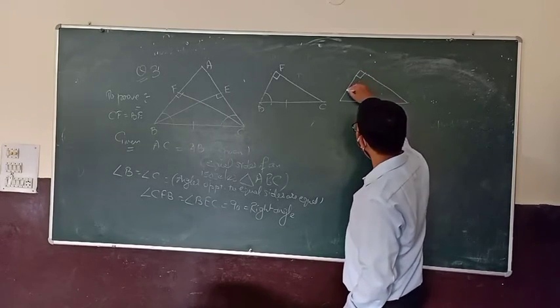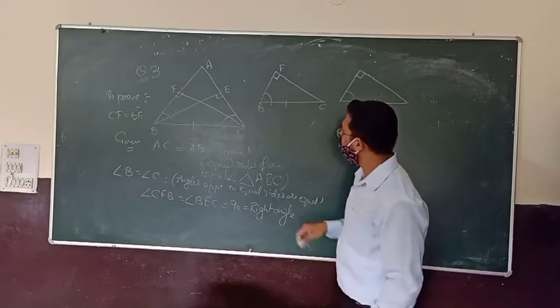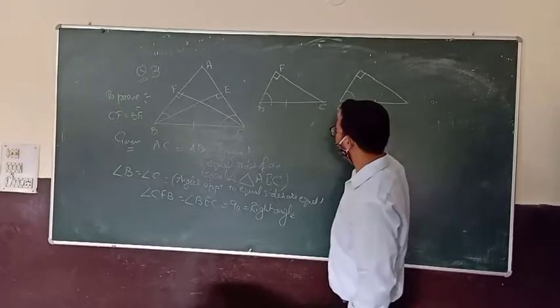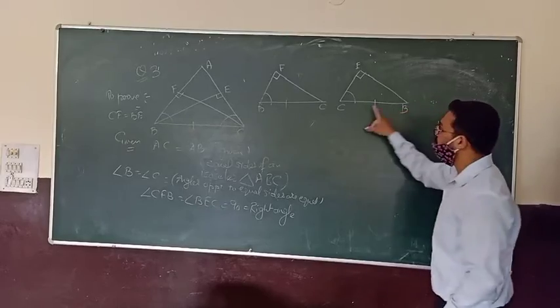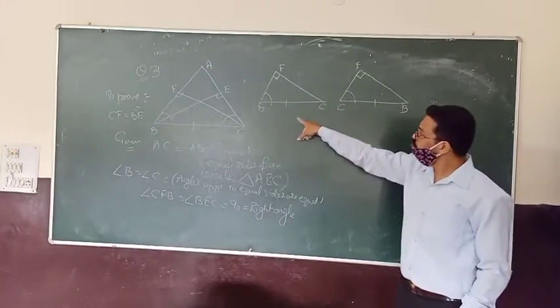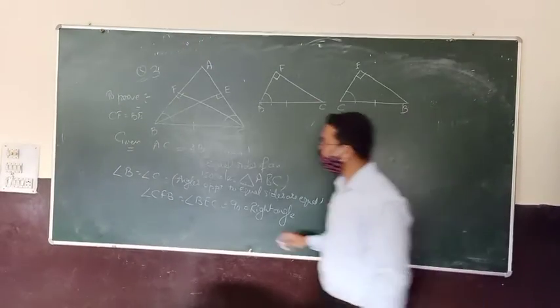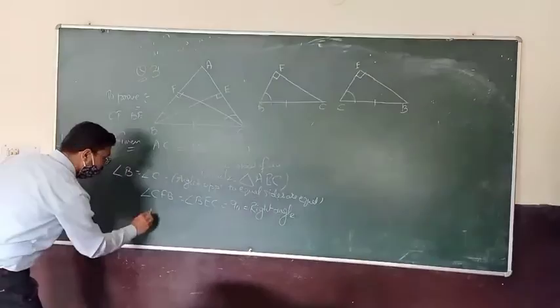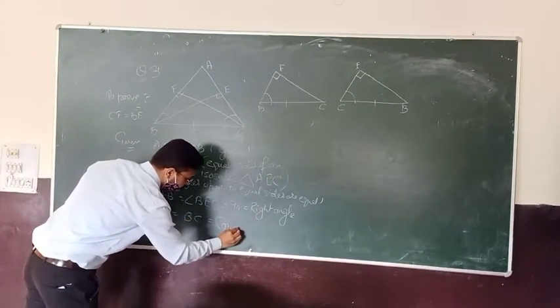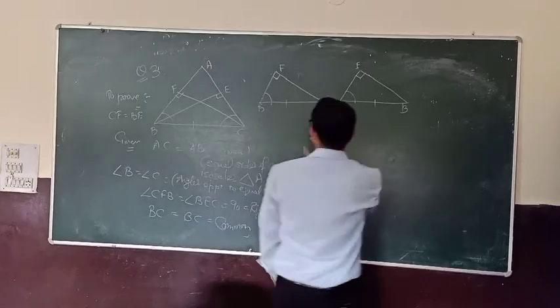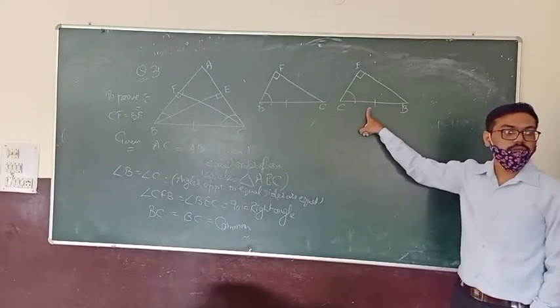This must be 90 degrees, this is the angle, this is the side. So angle is at C, perpendicular is at E, so ECB. So BC is equal to BC, common.